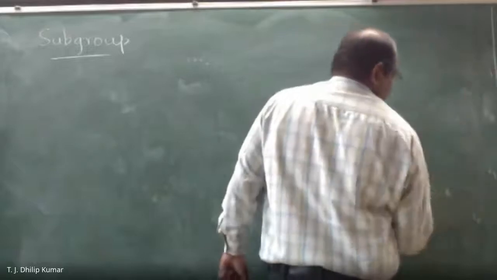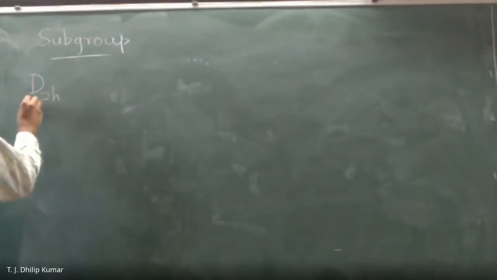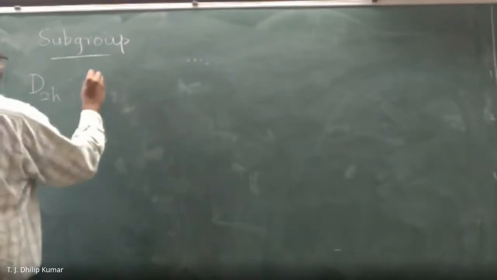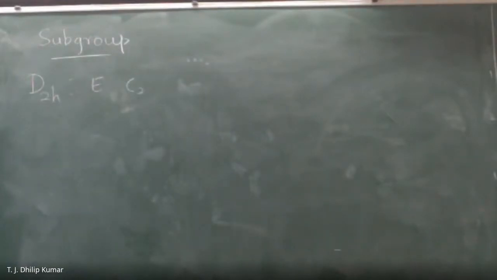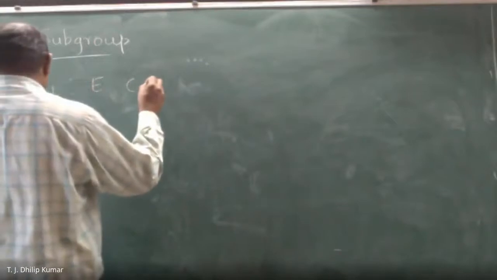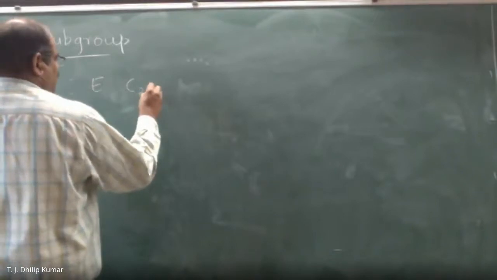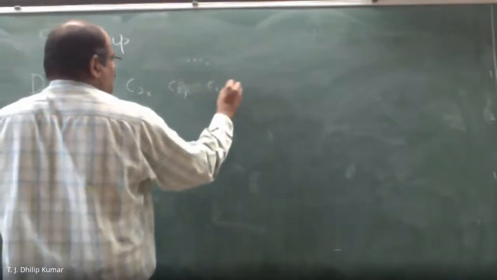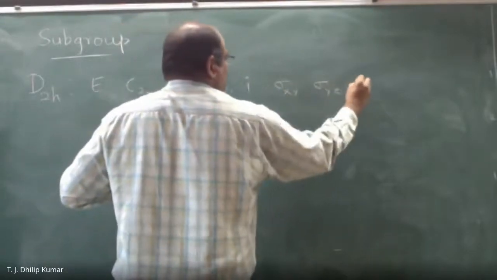So I'll give an example. You will appreciate it better. Let's take the example of D2h. If you write, there are E, C2, sigma h, whatnot. You have a series of things: C2X, C2Y, C2Z, i, sigma XY, sigma YZ, sigma ZX.